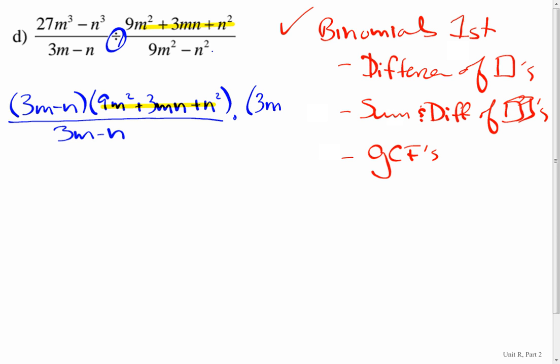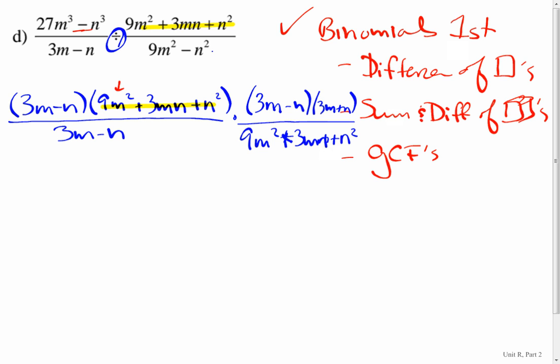So I have 3m minus n, 3m plus n, all over 9m squared plus 3mn plus n squared. Just remember, when you're doing this part over here with the cubes, you square that first term. A lot of people make a mistake and write that down as 3m squared, not squaring all of 3m.